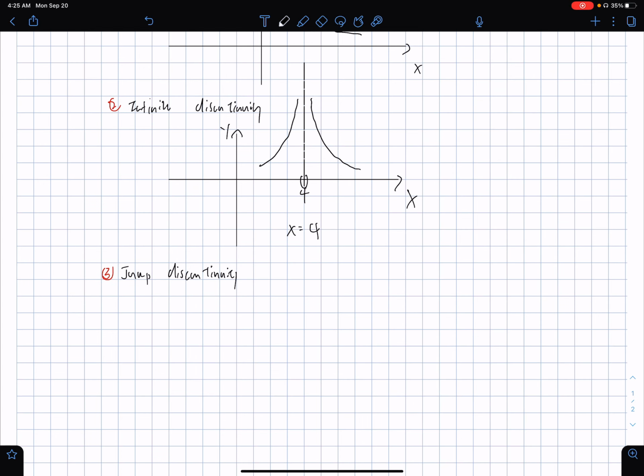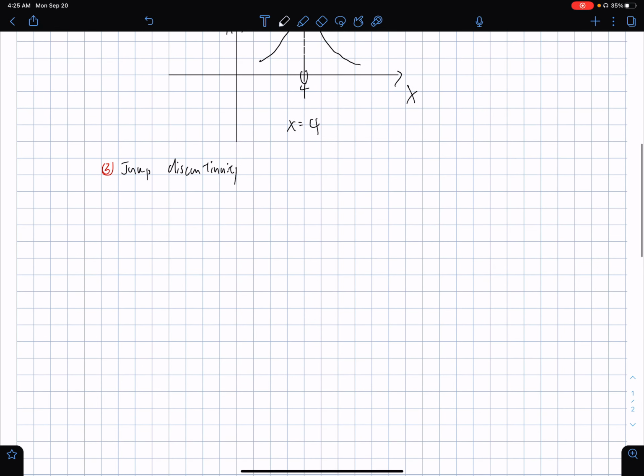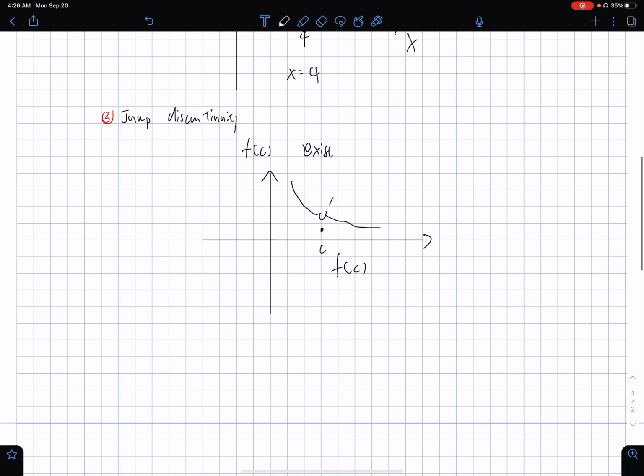And this means that even though, say, f(c) exists, something like this, see here, f(c) would exist, but the graph is still not continuous because there's a point here.